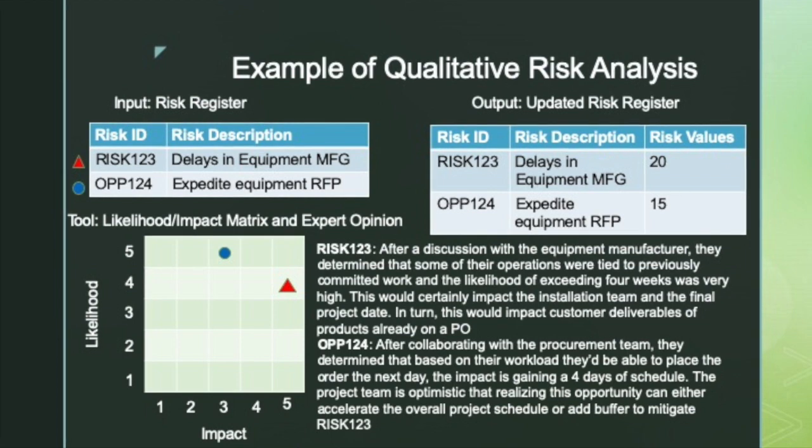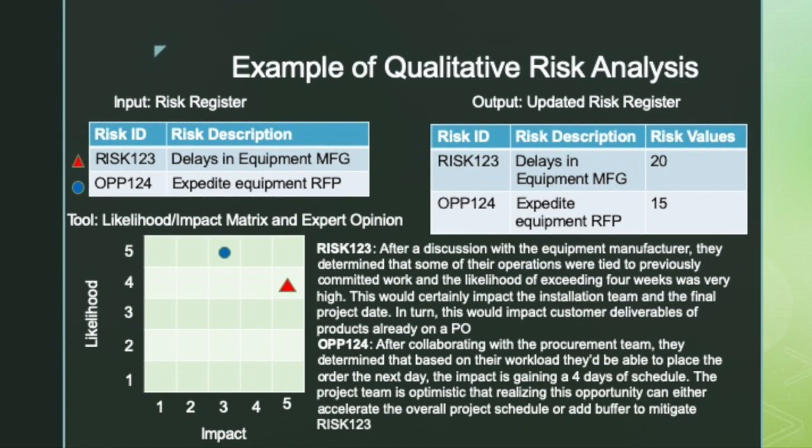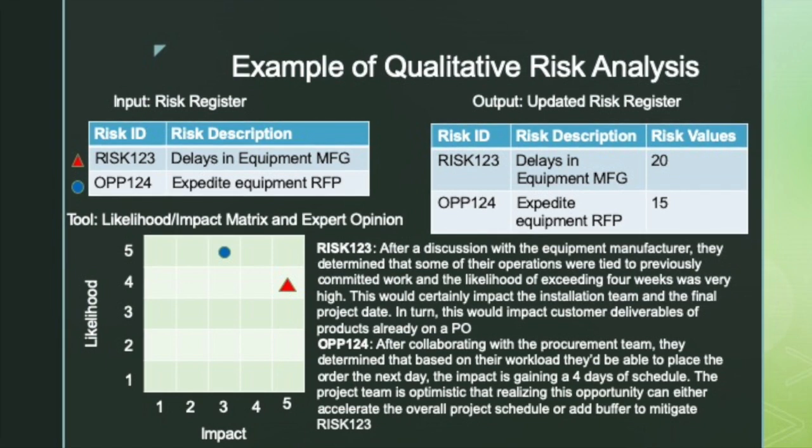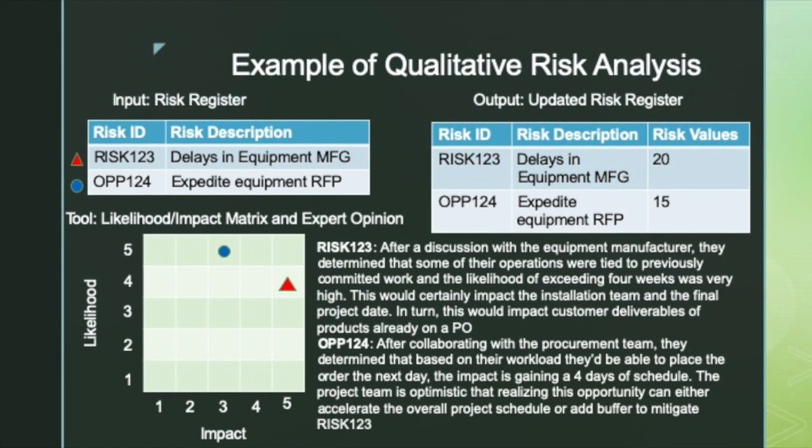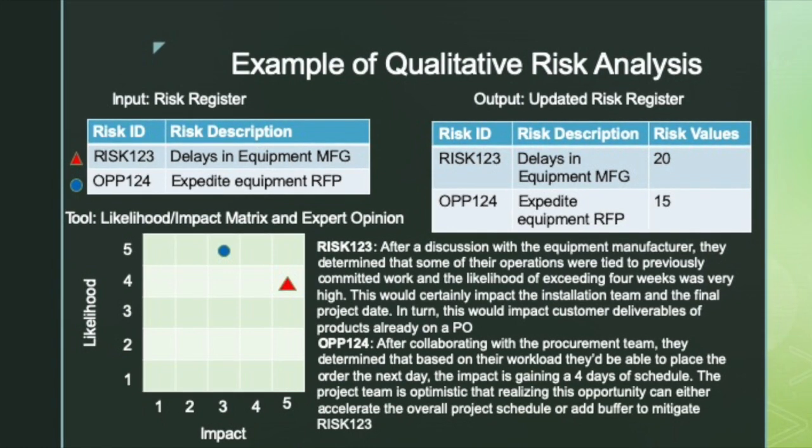The output from that risk identification exercise were risk 1, 2, 3, delays in the manufacturing process, and opportunity 1, 2, 4, which was expediting the equipment request for procurement. For details, you can go back to last week's video, and the link is in the description for this video.